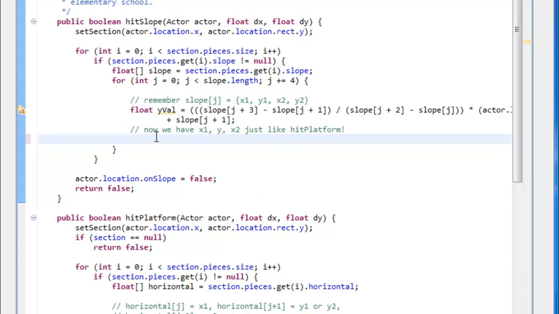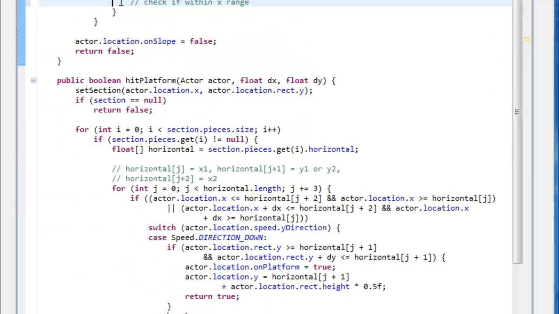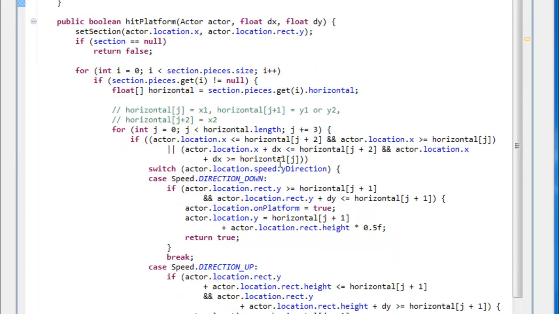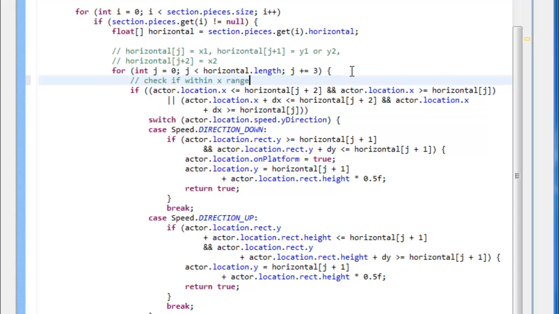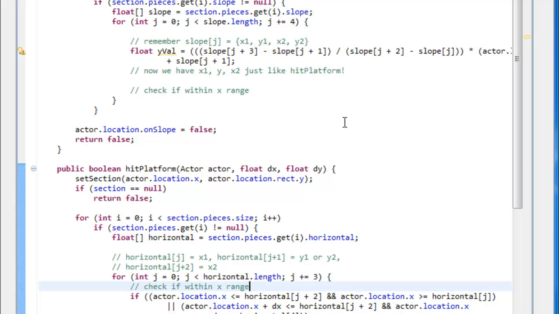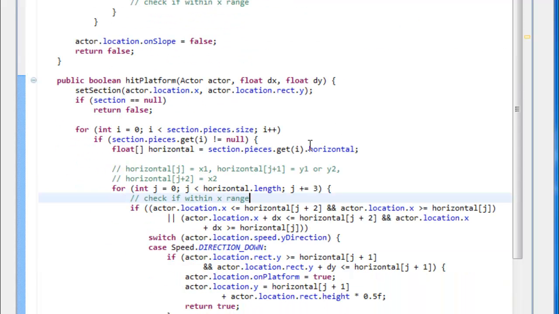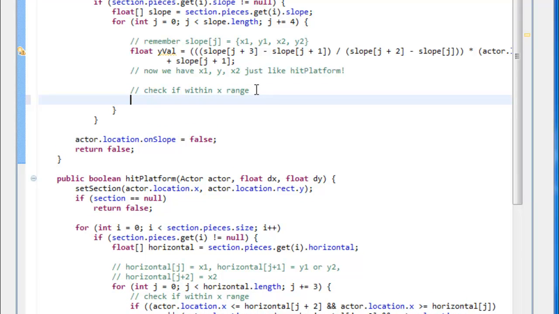So what we're going to do again, just like before, is check if we're within the x range. That's what we did here. We first checked if we are within the x range, right over here. Let's not copy and paste, because I find that by copying and pasting we get a lot of errors, and I don't think it's worth it.